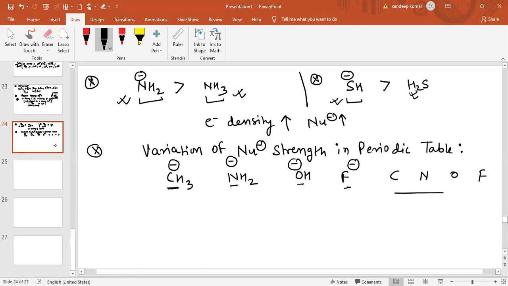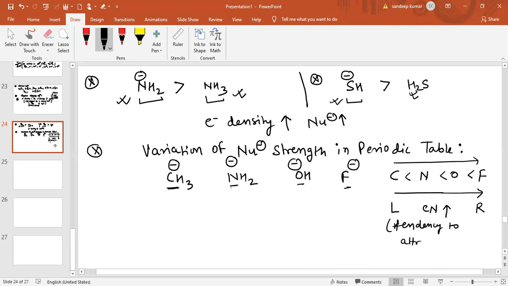And we know that from left to right across the period, electronegativity increases. So the electronegativity order is: fluorine is more electronegative, then oxygen, then carbon. Electronegativity means the tendency to attract an electron pair towards itself.